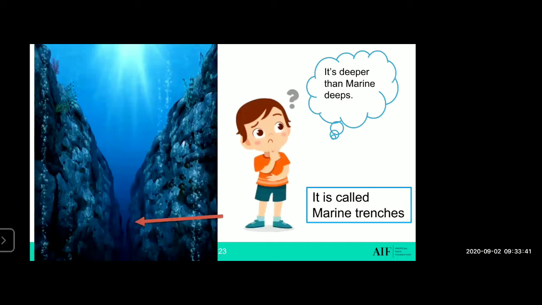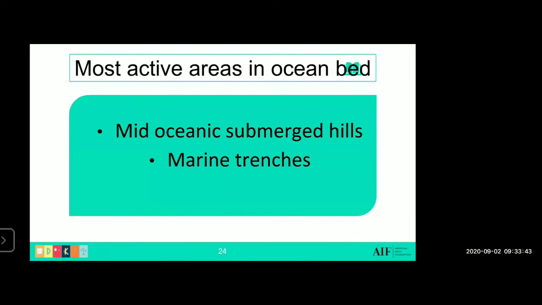So let's see the next one, the mid-oceanic ridge, the most active areas in the ocean bed. Mid-oceanic submerged hills and marine trenches are the most active areas in the oceanic bed. Why are these the most active areas?